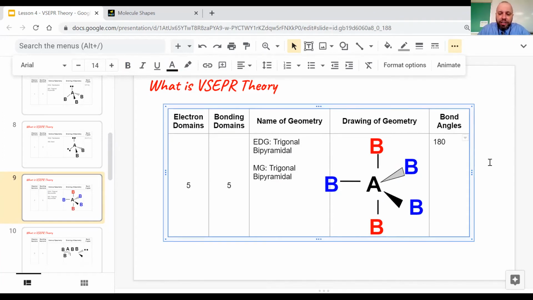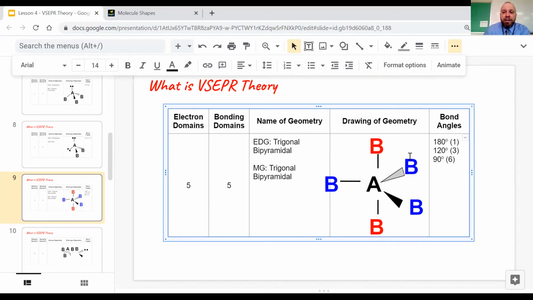So we have 180-degree bond angle, and we have just one of those. We have a 120-degree bond angle. We have 3 of those. And then finally, we have a 90-degree bond angle, and we have 6 of those.